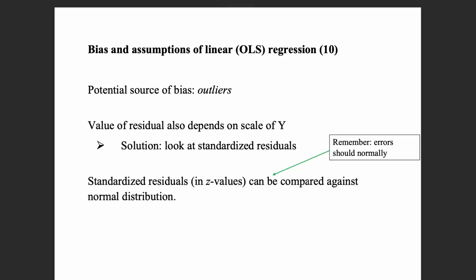And then the nice thing is these standardized residuals, so these z values, can be compared to the normal distribution, because our assumption is, remember, that our errors are normally distributed, which also tells you already that these outliers are just a specific case of a not normal or not constant, homoscedastic error distribution. So these standardized residuals can be compared to the normal distribution because we re-express them as a standard normal distribution.